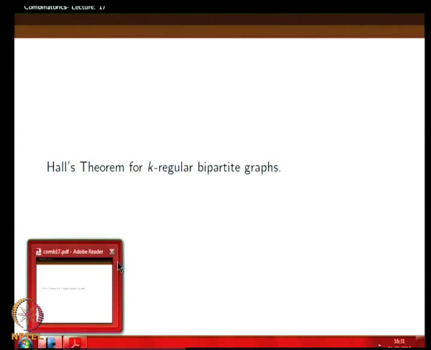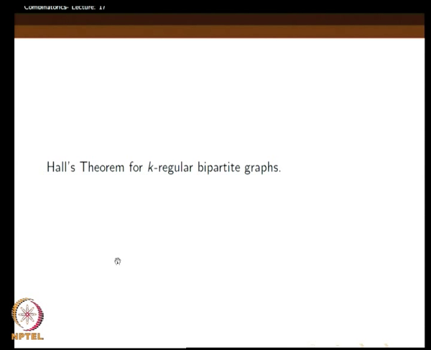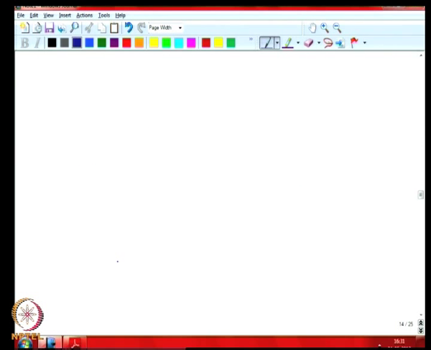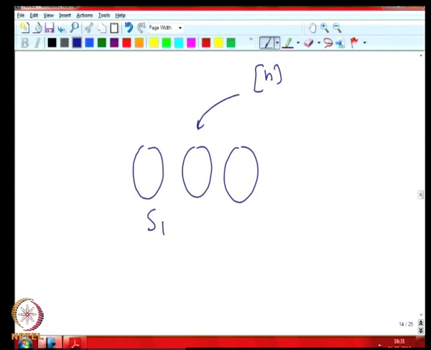So this is the question we want to consider. We have an n element universe, and then we have some family of subsets. Let us say these are the subsets, I am just writing it as S1, S2, S3, up to Sn. So this is a family of subsets.